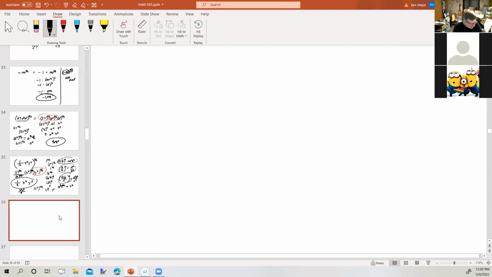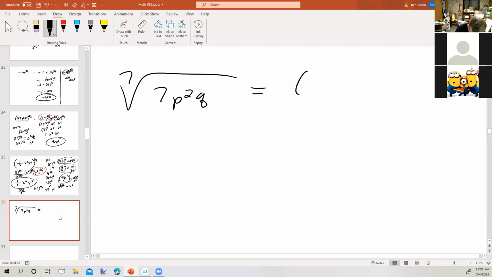This says change each radical to an exponential expression. So we're going to go back and forth between the two forms. The 7th root of 7p squared q would be the quantity 7p squared q to the 1/7 power.